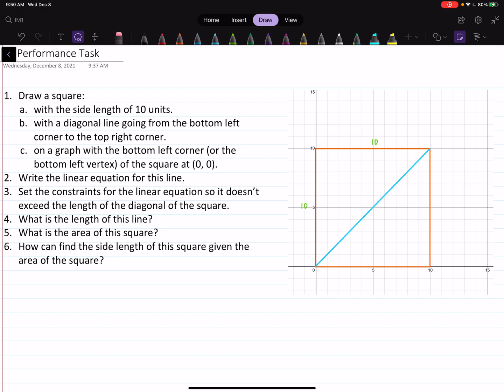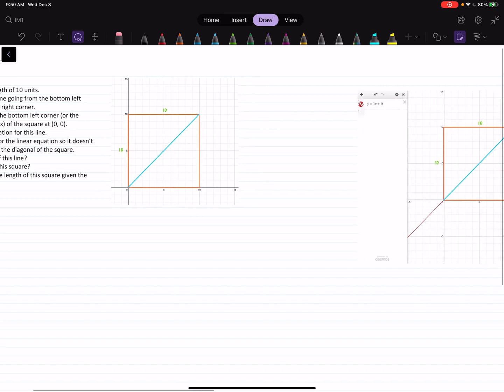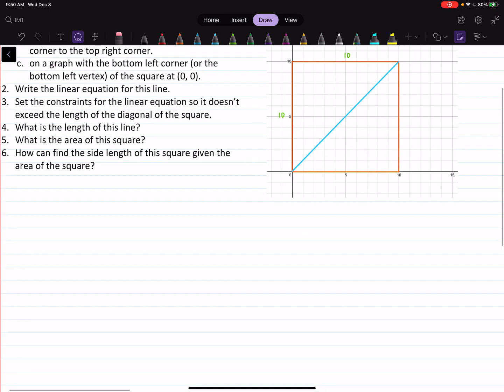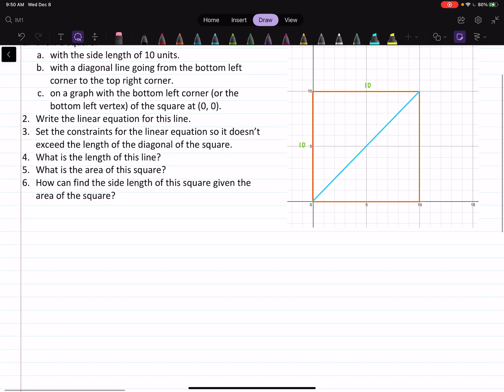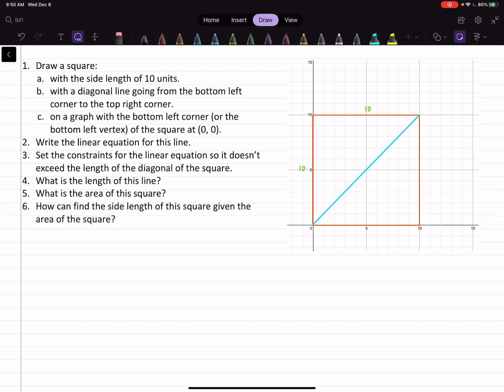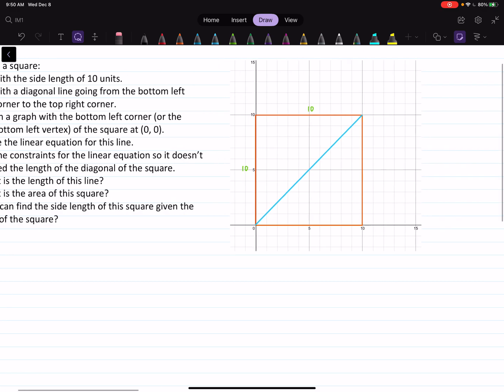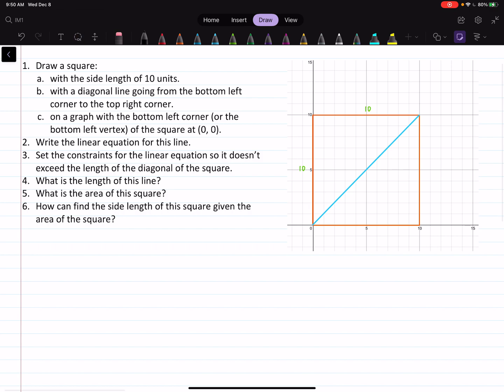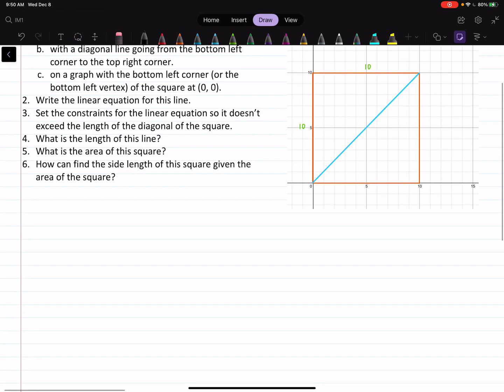If you remember, the first thing that we always have to do is write the formula for the linear equation of the line. The formula looks like this: y equals mx plus b. So that is how it should look, y equals mx plus b.